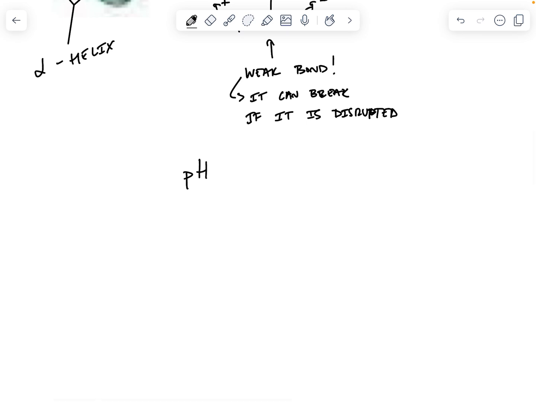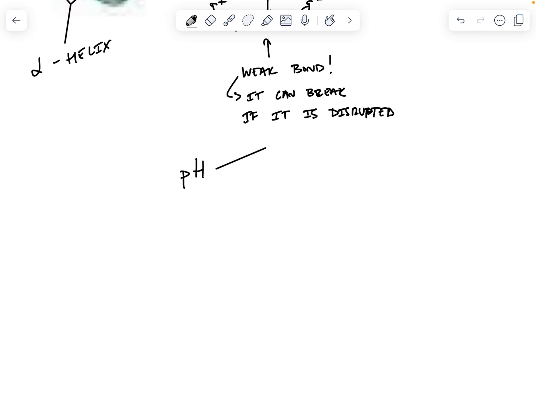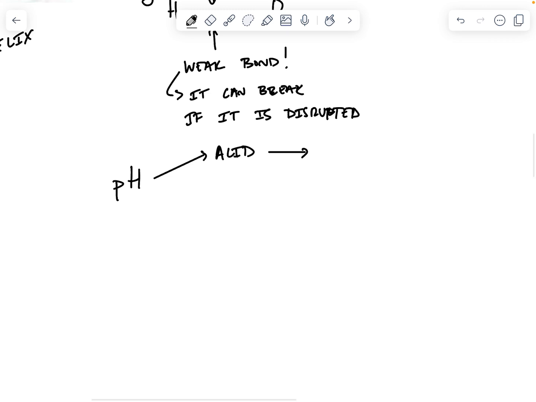So the pH of a solution, if it is below 7, we call that an acid. The pH is measuring the concentration of hydrogen in a solution. So an acid has more hydrogen ions than normal floating around in the solution. So we'll say H plus has increased.